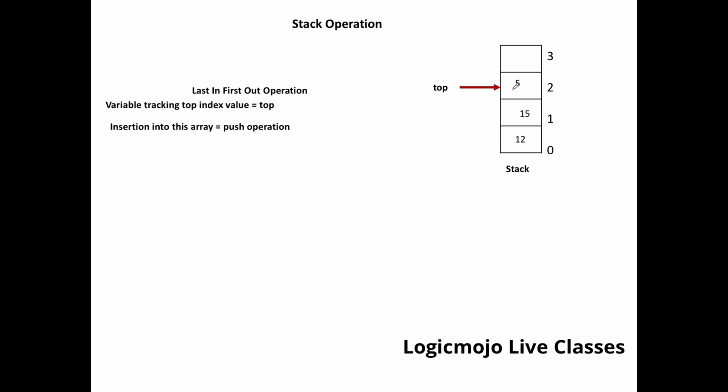Now 5 is the latest number that was inserted into the stack, and once we perform the delete operation we take out the latest number from the stack and then decrement the value of top. So we are performing the last in first out operation. The number that is inserted last will be taken out first. So that's why in case of a stack we always perform last in first out operations. And similarly we have the push and pop operations.